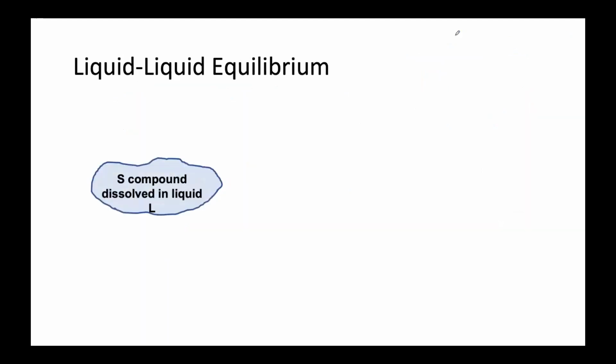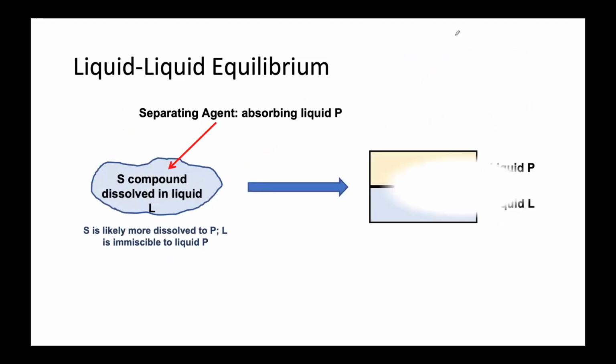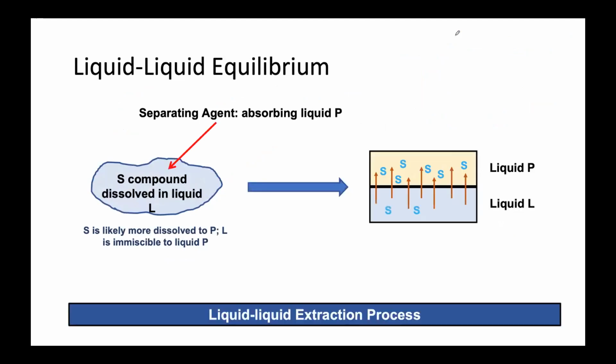And the last one, okay, we're almost finished, is the liquid-liquid equilibrium. This is like if we have a tea bag, and the tea is dissolved in hot water, and we want to get the theine, or the component that makes tea.